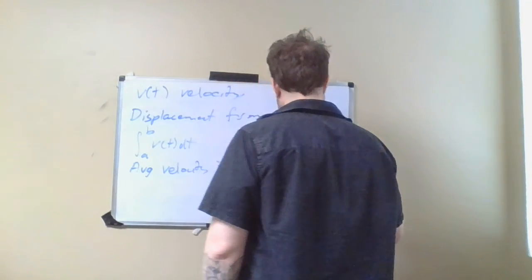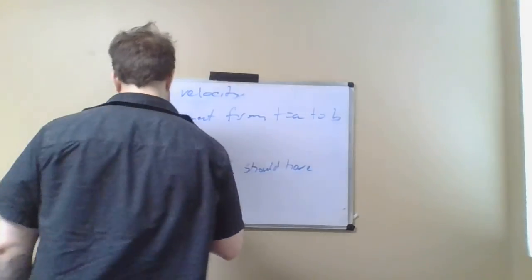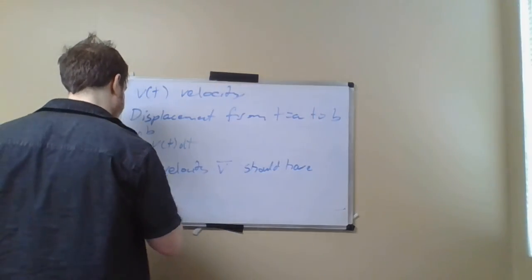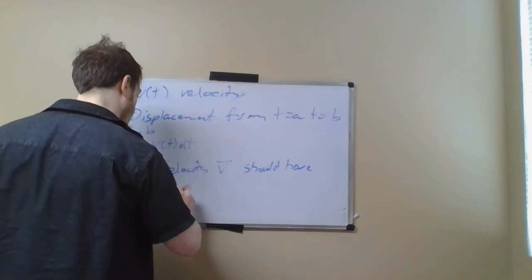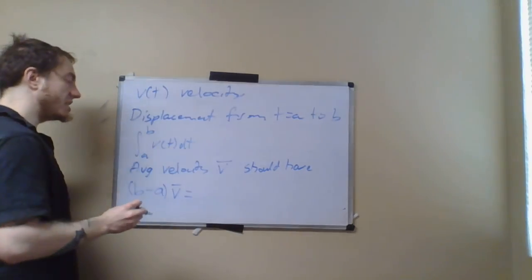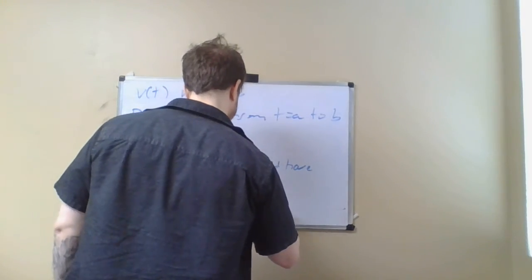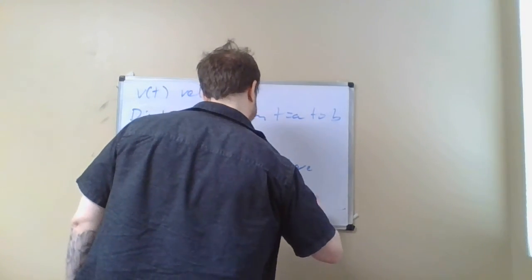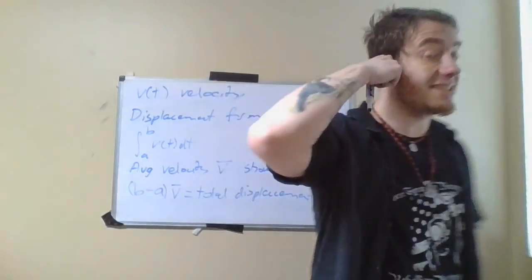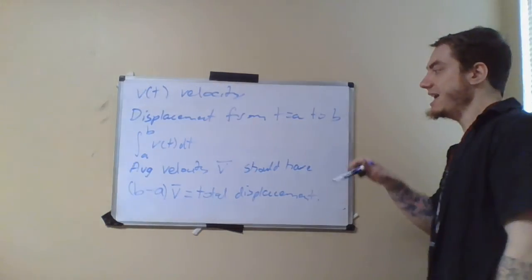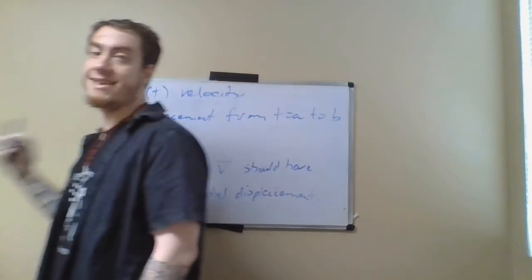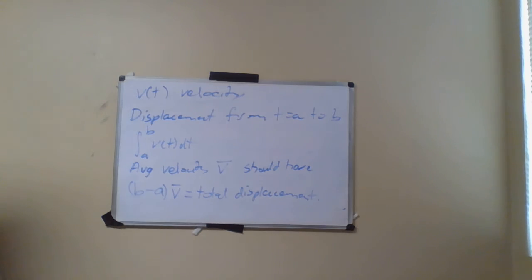we would expect to have the property that b minus a times v average should be equal to the total displacement. That is the sensible thing to say. This is what it means to be the average velocity.